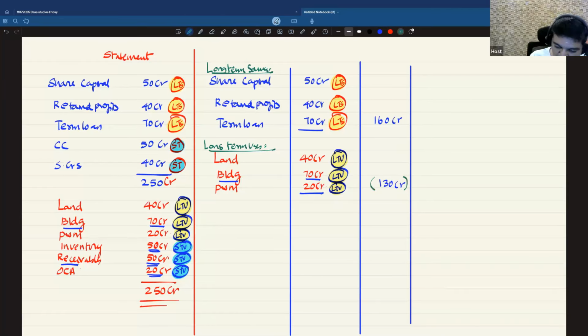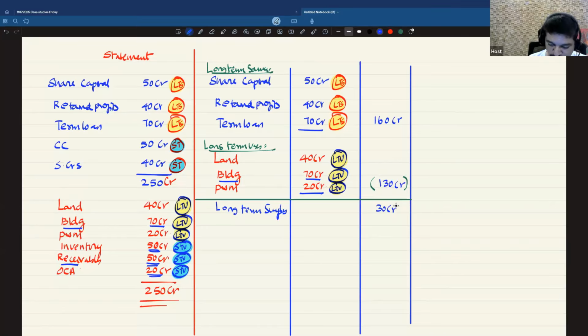It means on the long-term front, you have surplus or deficit? The long-term source is 160 crore, whereas usage is only 130 crore. It means what you have is long-term surplus, and that is 30 crore.